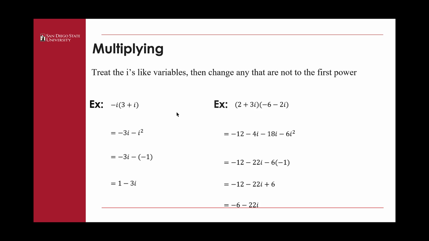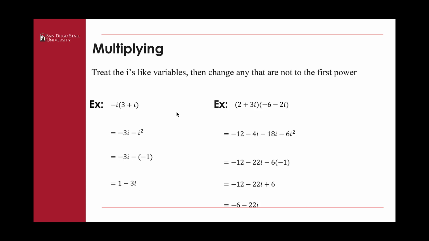In the second example, we have 2 plus 3I times -6 minus 2I. We can make the multiplication inside the parentheses, and we will get -12 minus 4I minus 18I minus 6I squared.